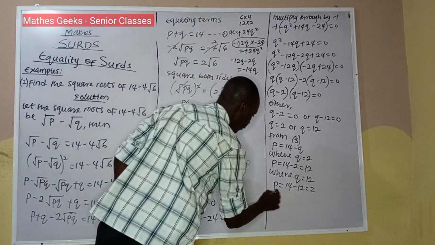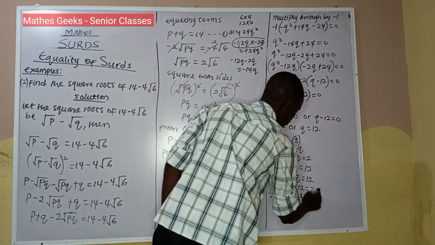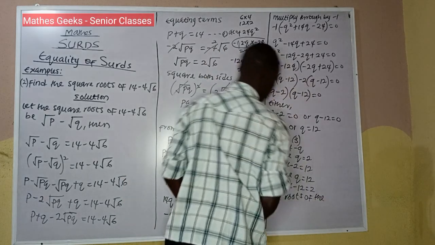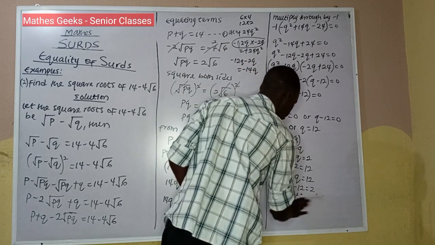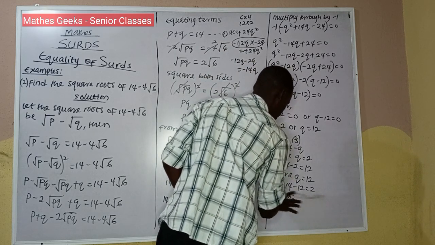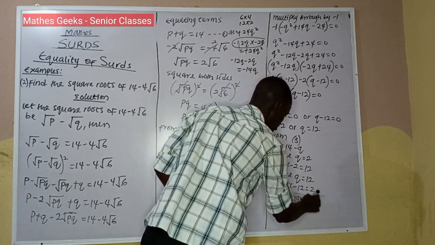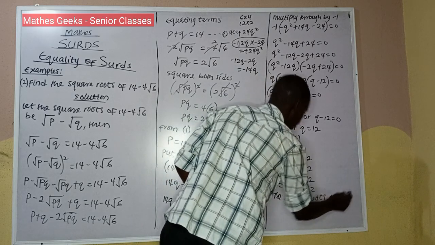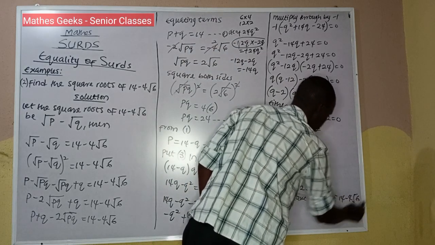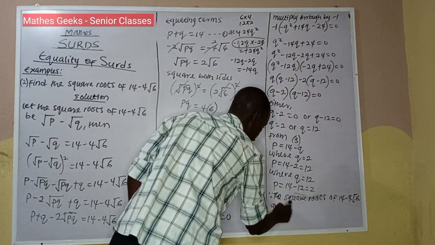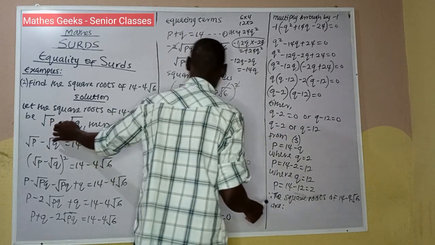So therefore, the square roots of 14 minus 4 root 6 are root p minus root q.